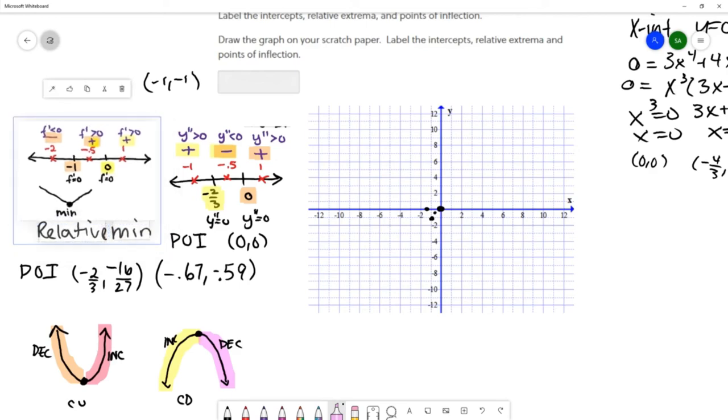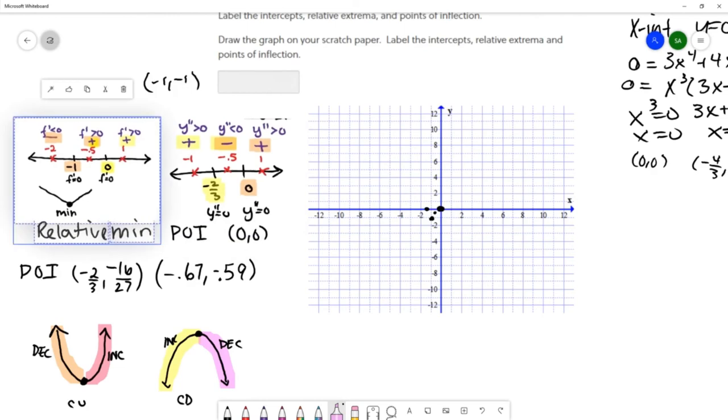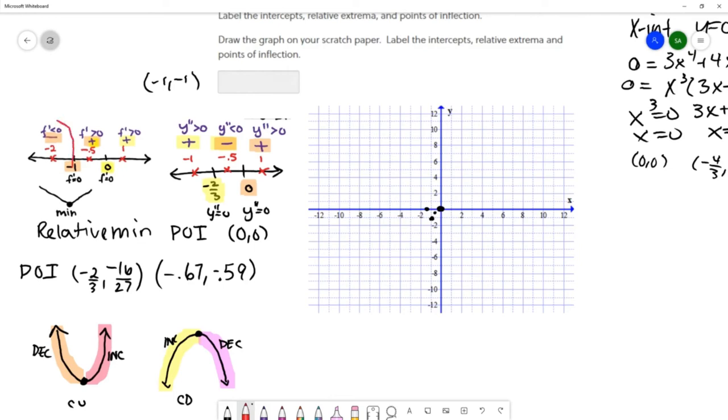The smallest value on these charts would be the -1. Looking at the chart here, I'm focusing on this interval to the left of -1. Maybe I should use a different color. How about this color here?